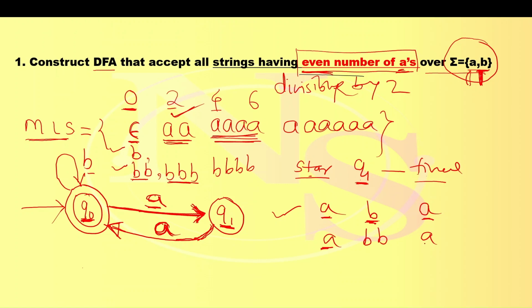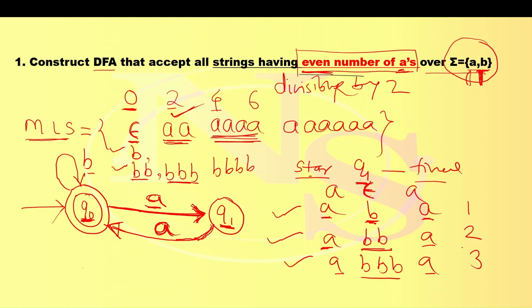Our condition is on the number of A's and not on the number of B's. 2 A's is a valid string. If 3 B's are coming in between these 2 A's, that is also valid because the number of A's is even itself. If no B's are coming between these 2 A's, it means epsilon, the empty string, 0 number of B's. That is, Q1 is looking for how many B's? In this case, 1 B. In this case, 2 B's.